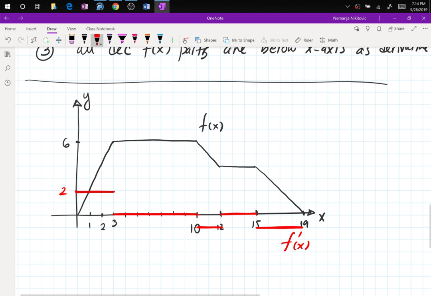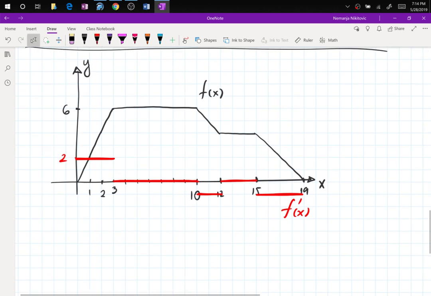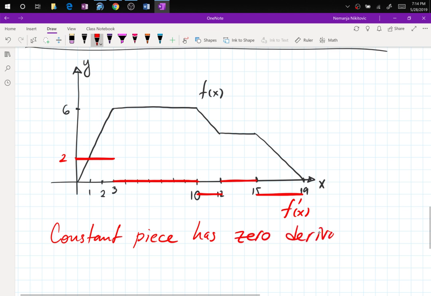So the new concept here is that a constant piece has 0 derivative, because there is no change.